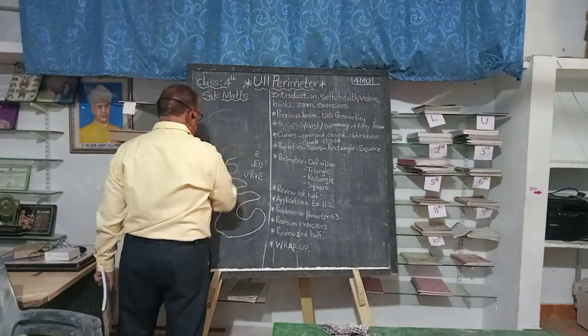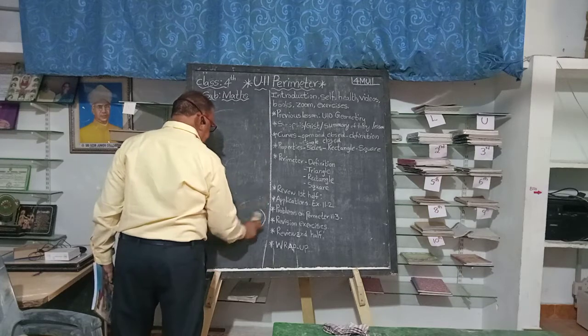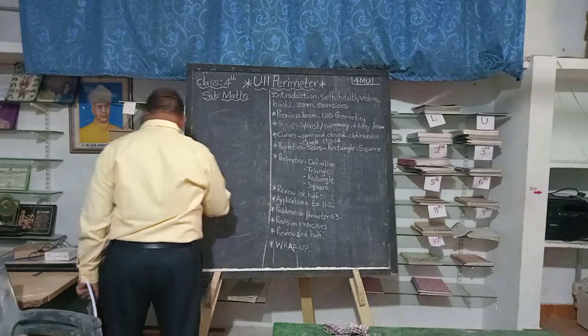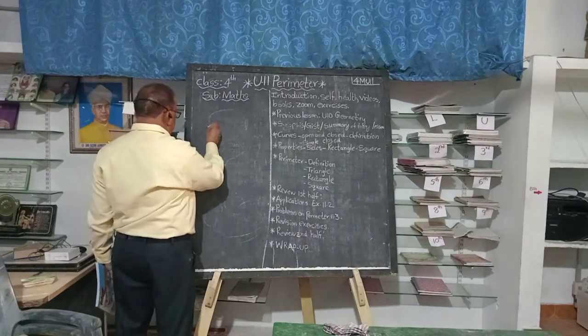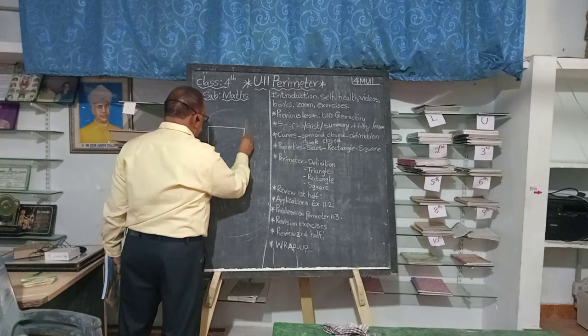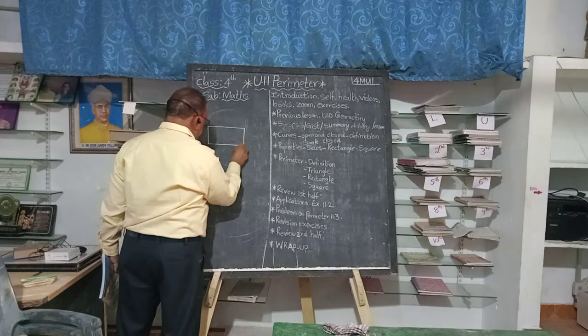Now we move on to the properties of rectangles and squares. First, a rectangle. This is a rectangle.